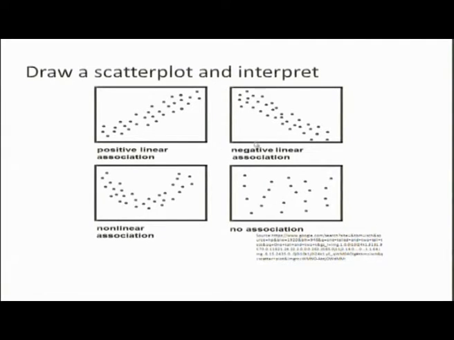In this case, as x increases, values of y decline. Take this point. This point has low values of x, but high values of y. This point has high values of x, but a low value of y. This point has a middle value of x and also a middle value of y.